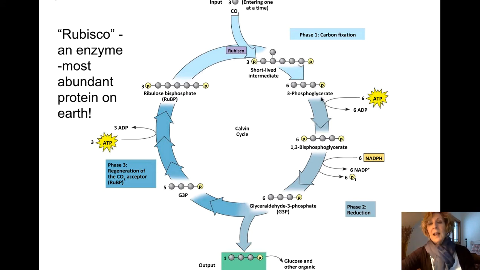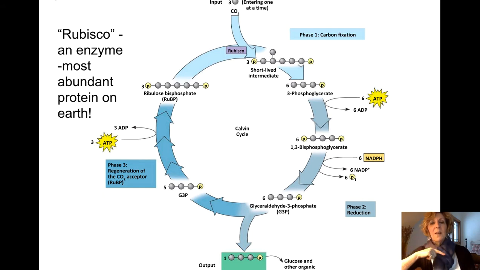The 6-carbon molecule ends up splitting into a 3-carbon molecule called 3-phosphoglycerate. Remember, this 3C is the nickname of this version of the Calvin cycle.